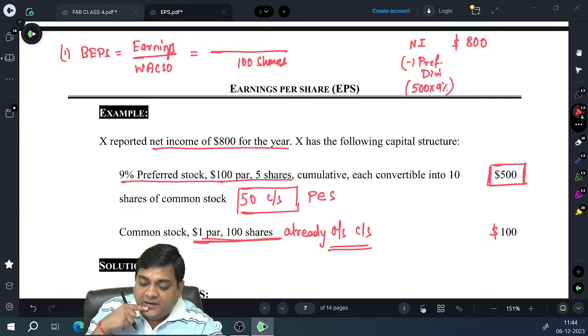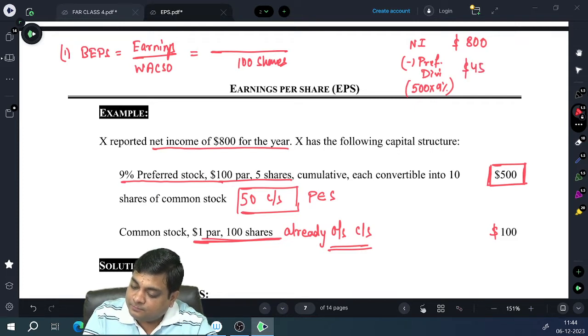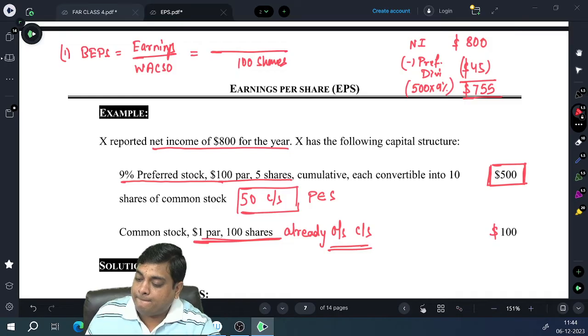Dollar value 500 into 9% preferred dividend. Very simple.